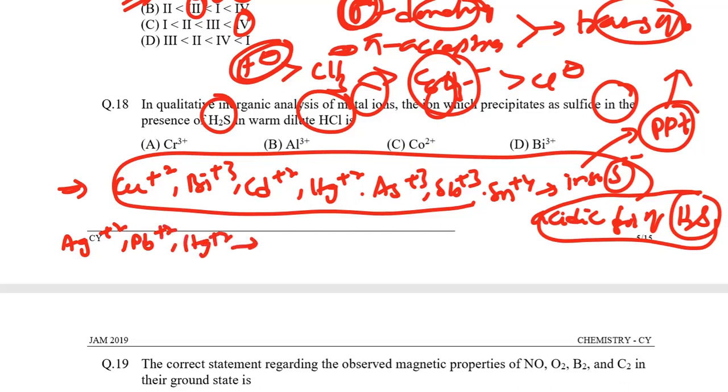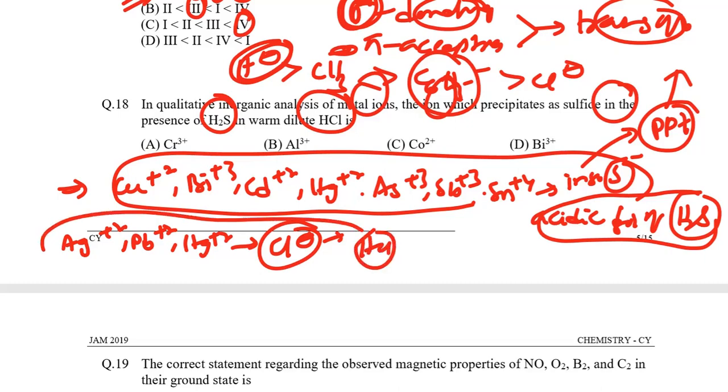So they will produce insoluble chlorides. So whenever we add HCl to these metal cations, they will produce precipitates. That means they will be separated by adding HCl.